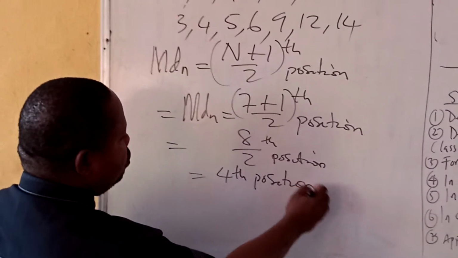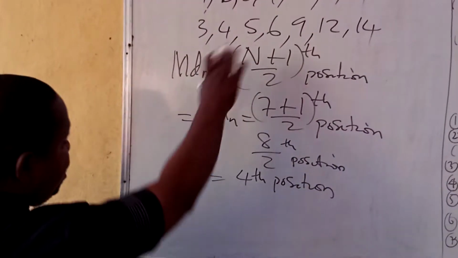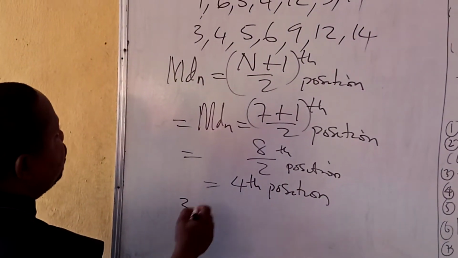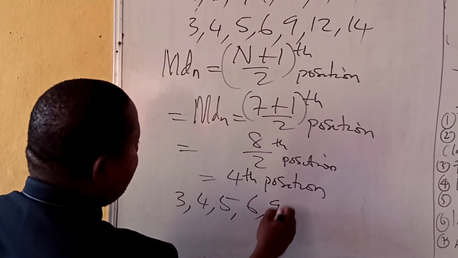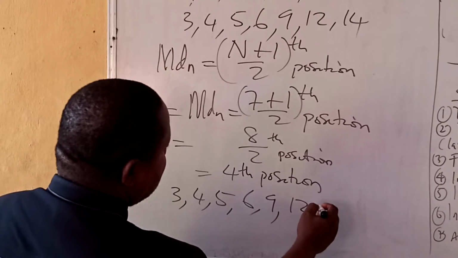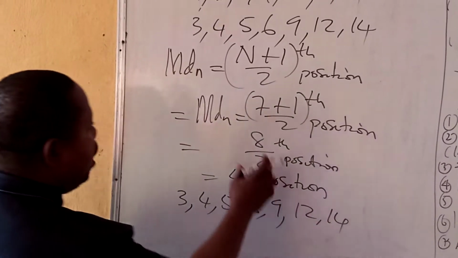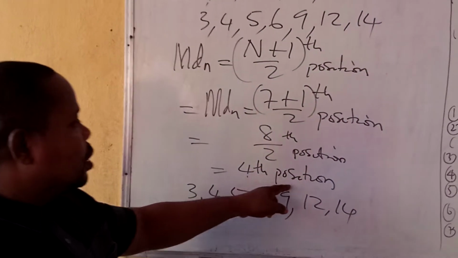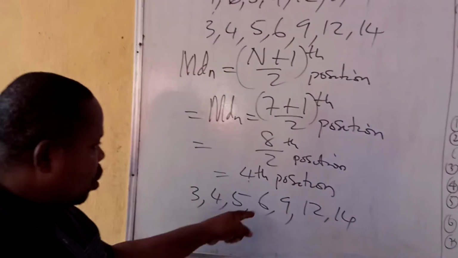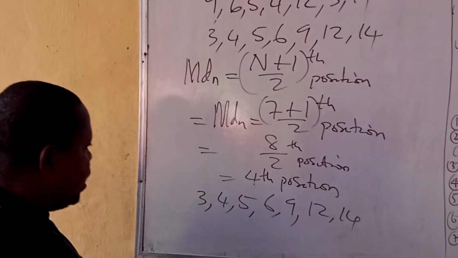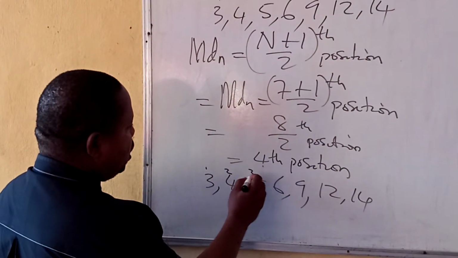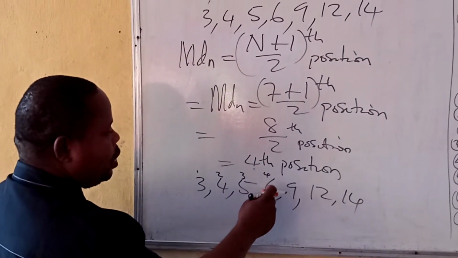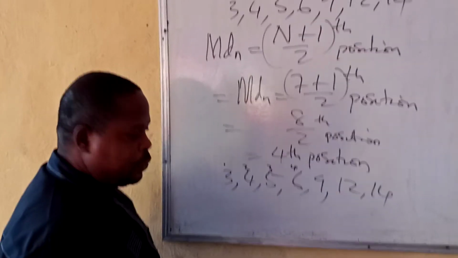Median is about the position or point that divides the data into 2 equal parts. And so 8 divided by 2 is the 4th position. What you need to do now is to bring down the scores again: 3, 4, 5, 6, 9, 12, and 14. What this is saying is that the median of this data is on the 4th position. Then you begin to mark out: 1, 2, 3, 4. 6 is occupying that 4th position.